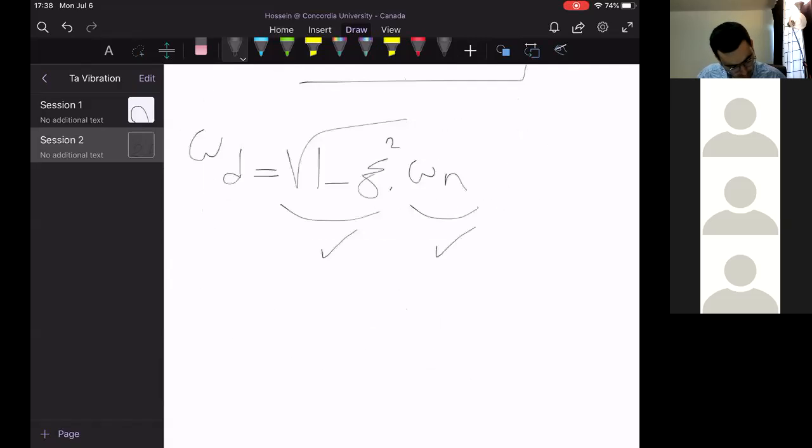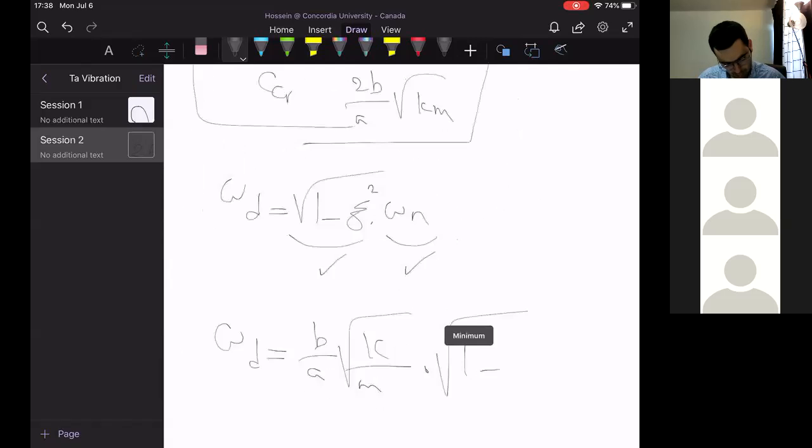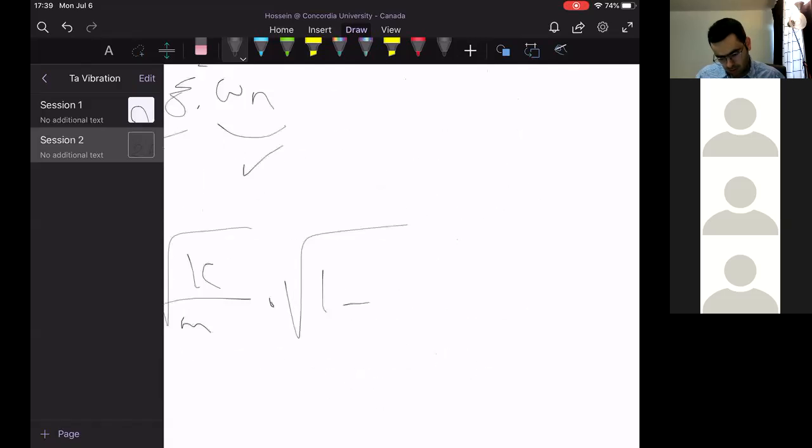Therefore, the damped natural frequency can be easily found as omega n, which is already obtained, multiplied by square root of 1 minus C squared over the quantity 2b over a square root of km, squared.